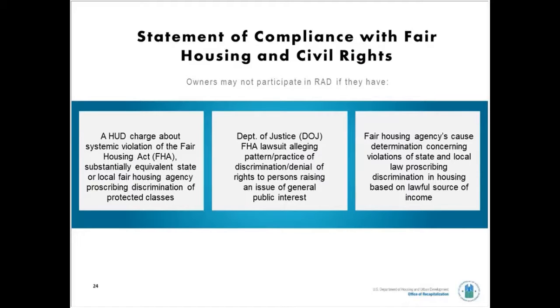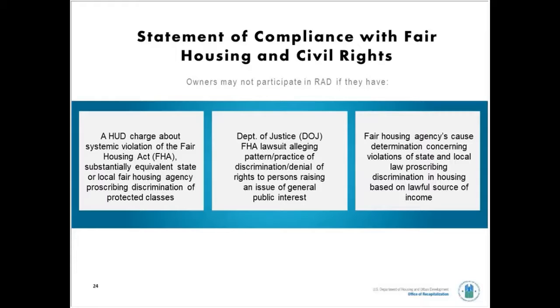The Statement of Compliance with Fair Housing and Civil Rights. Listed on your screen right now are 3 instances of where owners may not be able to participate in RAD: if they have a charge of systemic violation of the Fair Housing Act, a lawsuit alleging patterns or practices of discrimination, or violations of state and local law prescribing discrimination in housing.